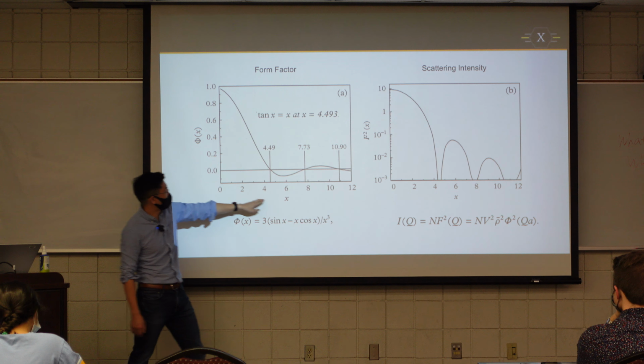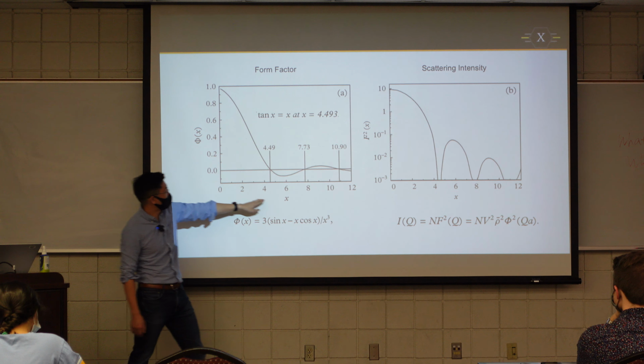So now let's take a look at the real scattering data. This is simulated, but it's very close to the real, okay? So the example shown here is a 100 nanometer radius particle. So what's the difference between this? No difference. Should be exactly the same.